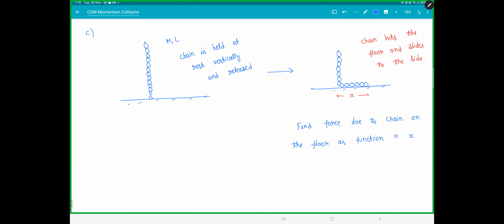So when x amount of chain has hit the floor, how much force is the chain exerting on the floor?